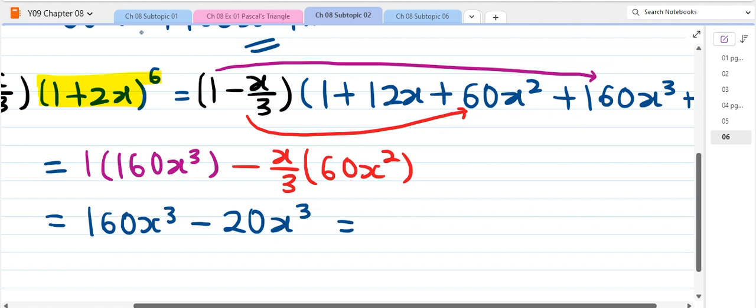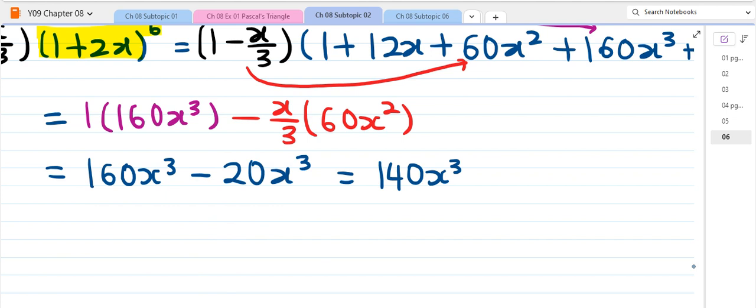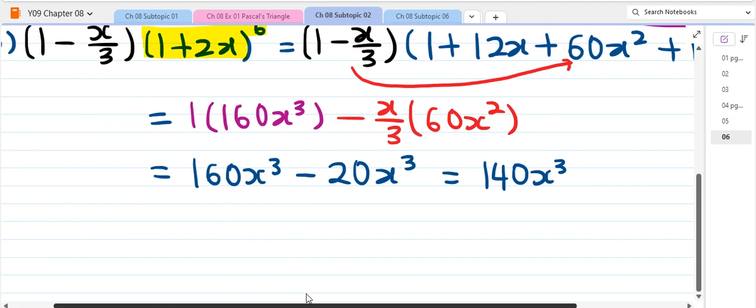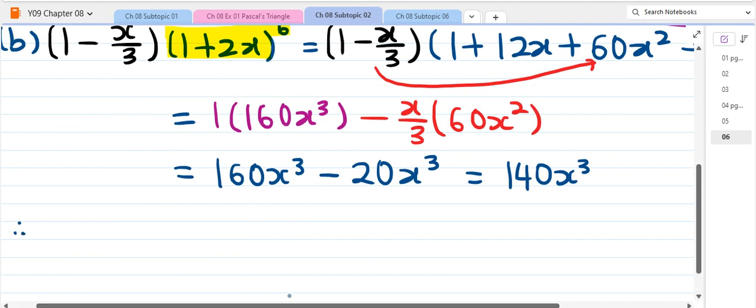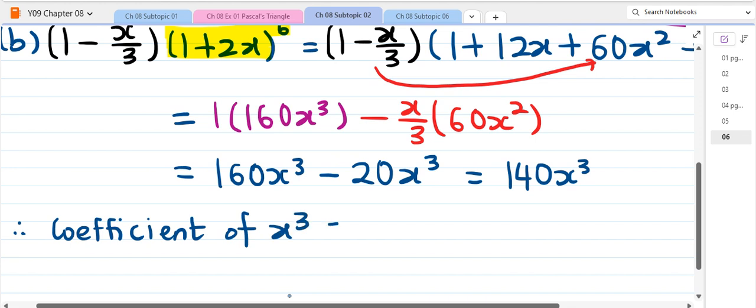So here 160 minus 60 is 100x cubed. So this is the term that contains x cubed. Therefore, the coefficient of x cubed is going to be 100. So this is your final answer for part B.